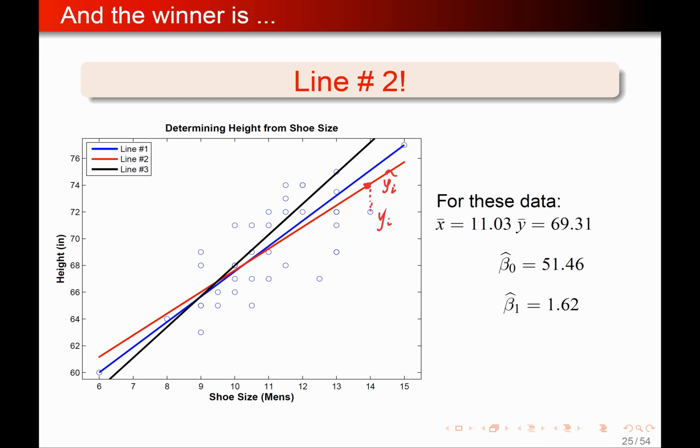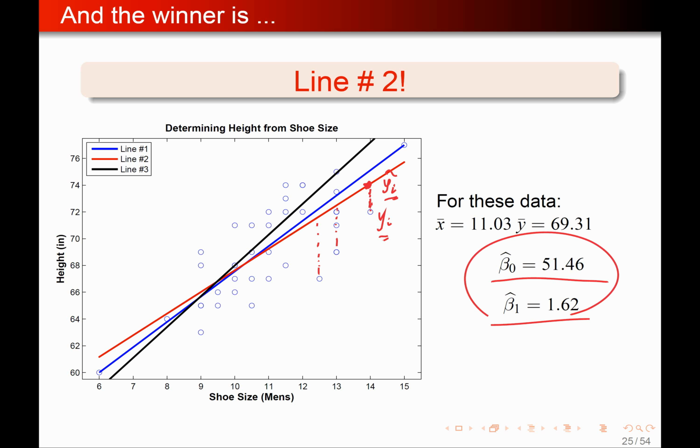Now, based on the least square estimation, for each yi we have yi hat right over here. We want to minimize all the residues from the model prediction. The least square estimation tells us beta 0 hat equals 51.46 and beta 1 hat equals 1.62.